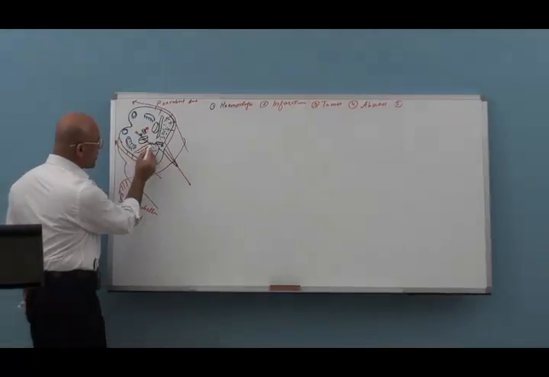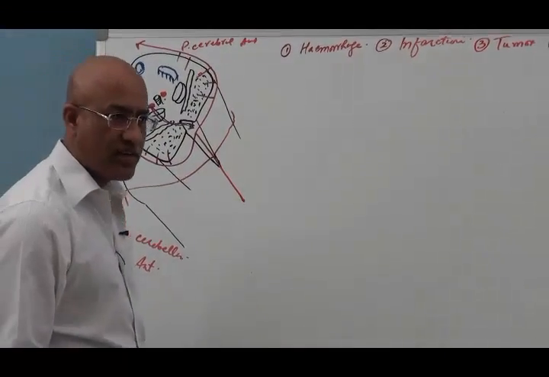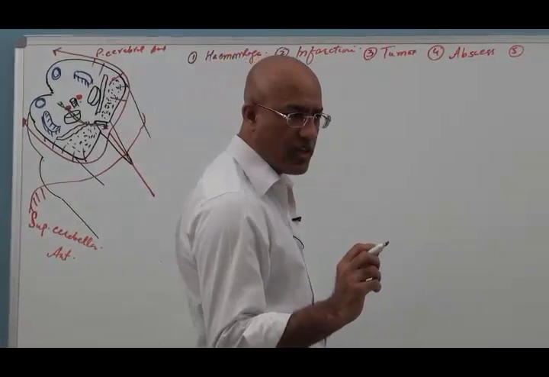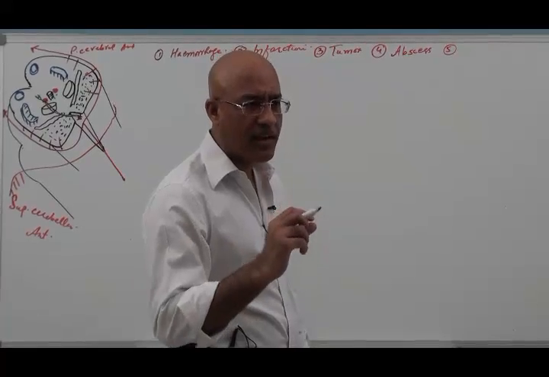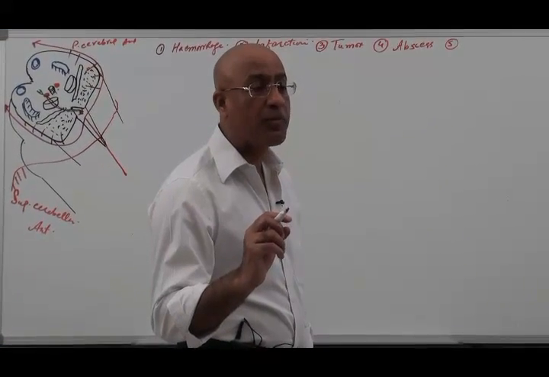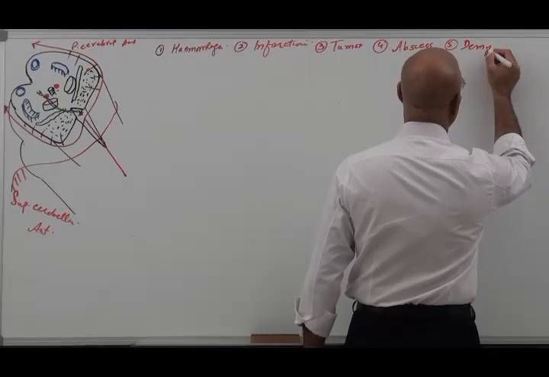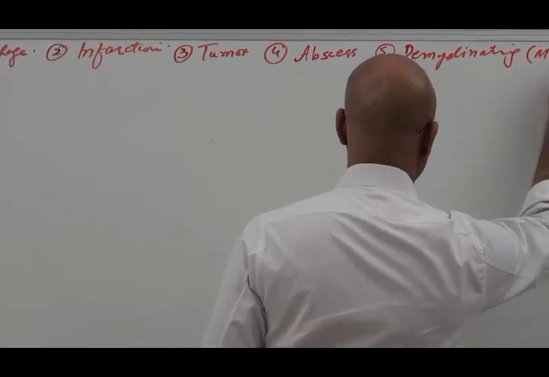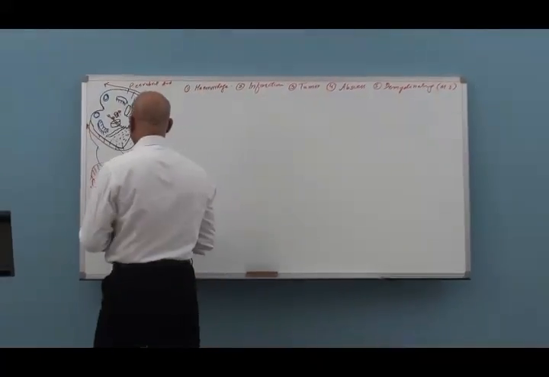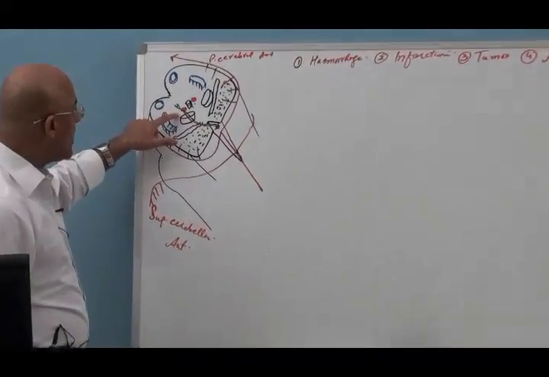Or sometimes the fibers passing through this area undergo a process called demyelination. This is immune-mediated damage to the myelin, which is called multiple sclerosis. So there may be demyelinating conditions like multiple sclerosis.